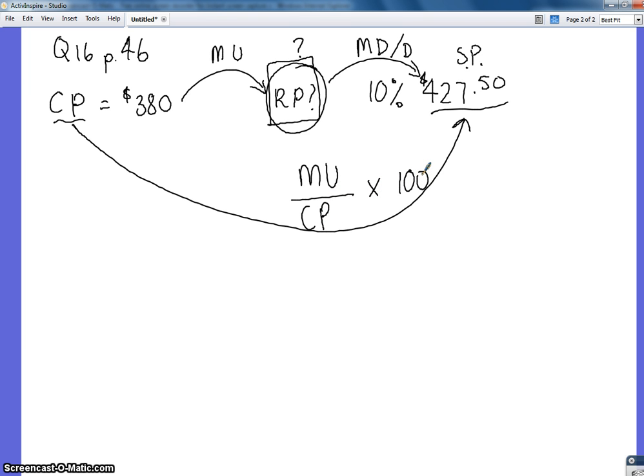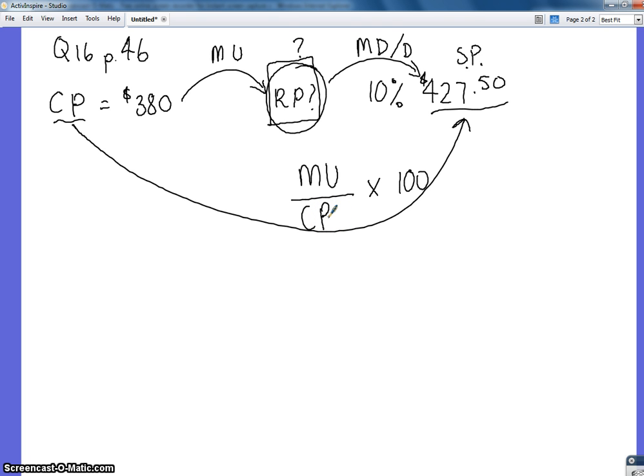Can you see that that's written in the question? Markup's mentioned first, so that goes on top, from the cost price. The cost price is mentioned second, so that becomes your denominator.